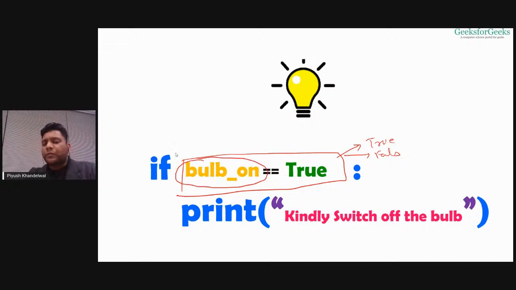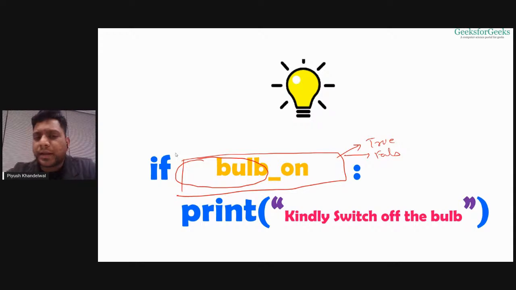So instead of writing bulb equals true, this bulb is a Boolean variable, right? It will have either value true or false. I can simply write if bulb. So we can replace the comparison statement with a Boolean variable, because this Boolean variable will also have value true or false, right?